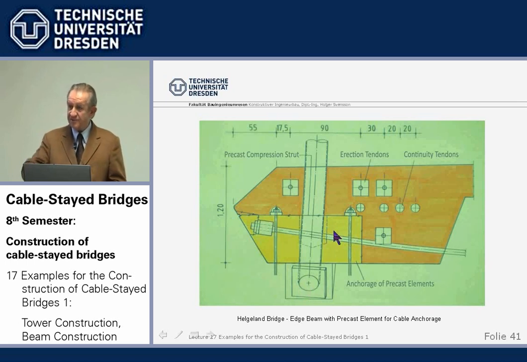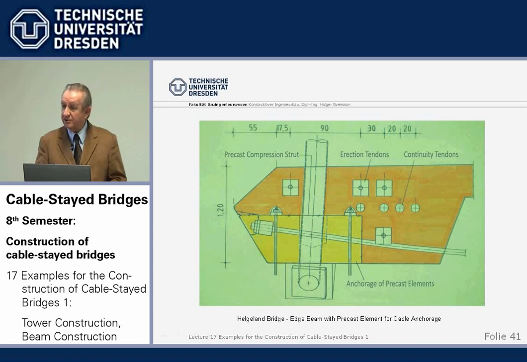So before we even cast the beam, we have a permanent anchorage. And this precast element we tie with tie rods, bolts, onto the form traveler, which is underneath. So we place it in the form traveler, bolt it down, and install here the final cable in its final anchorage. It has not to be exchanged.